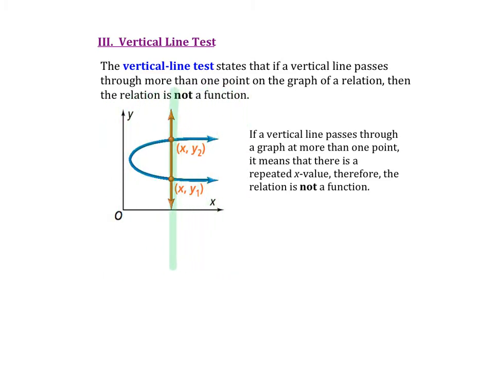And if at any point your line intersects with that graph at more than one spot, so 2 points, 3 points, right here it's intersecting at 2 separate points, then it's not going to be a function because we'd have one specific x value, right? If I think of this on the x-axis, we'd have 2 separate y values that corresponded to that one individual x value. So it would fail the vertical line test. It's not going to be a function.